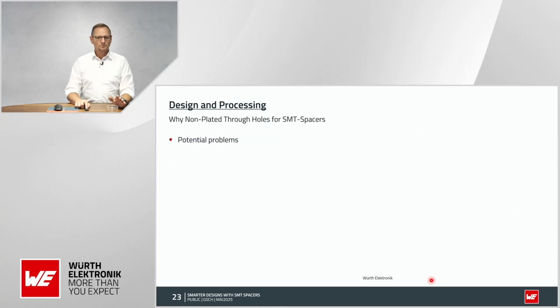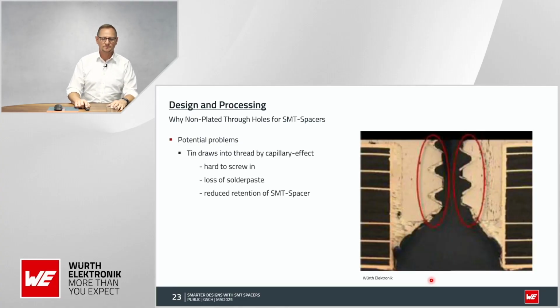So why non-plated through hole for SMT spacers? The potential problems that could occur is that tin could draw into the thread. You see here from an internal view that the solder is raised up here into the thread.